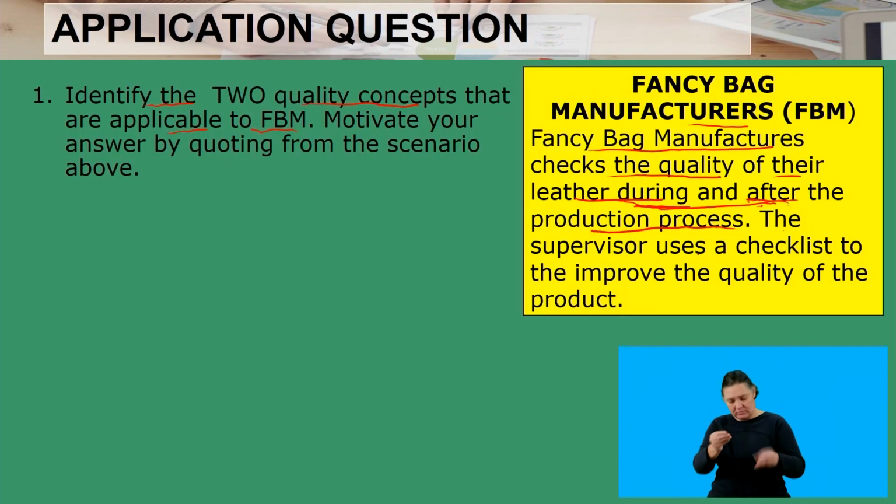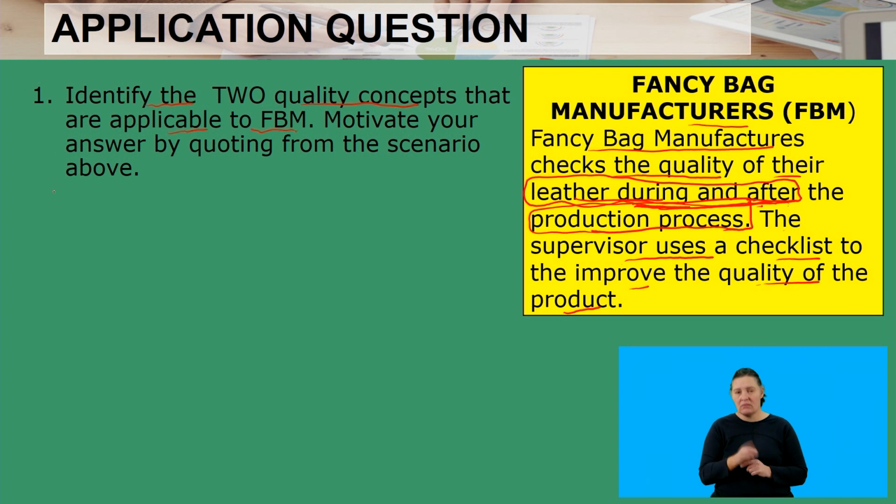And then the other part: the supervisor uses a checklist to improve the quality of the product. Which quality concepts are affected there? There are 2. The first one is quality assurance because of the checking during and after the production process.